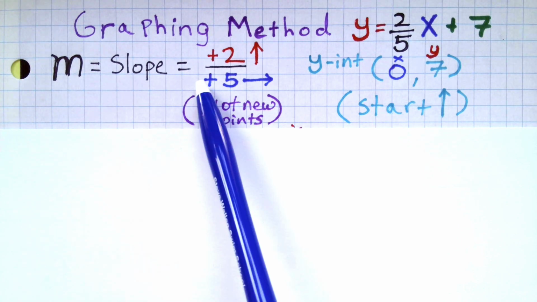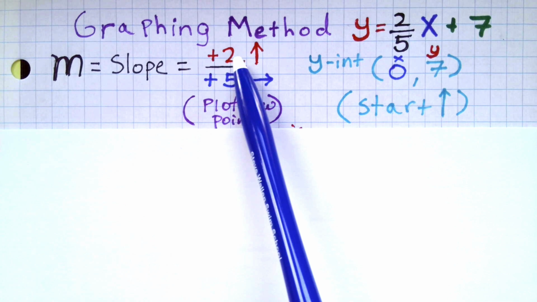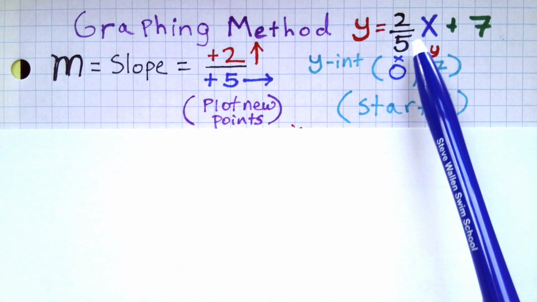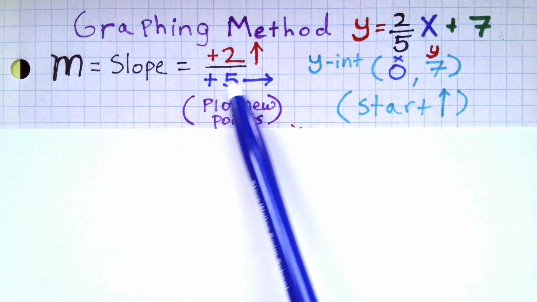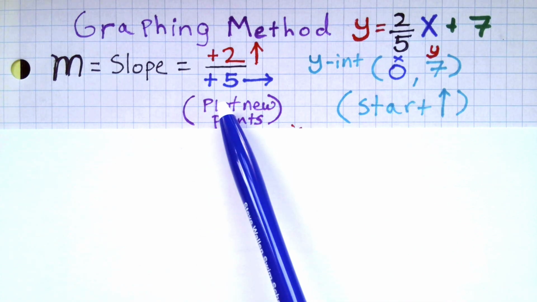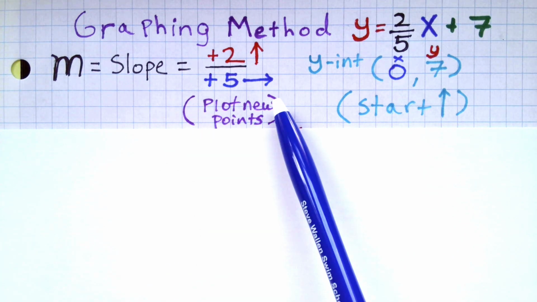M equals our slope. And since 2 is on top of the fraction, that's going to represent our y value. 5 is in the bottom part of that fraction, it's going to represent our x value, right? So a positive 2 goes up on the y-axis, positive 5 goes to the right on the x-axis.